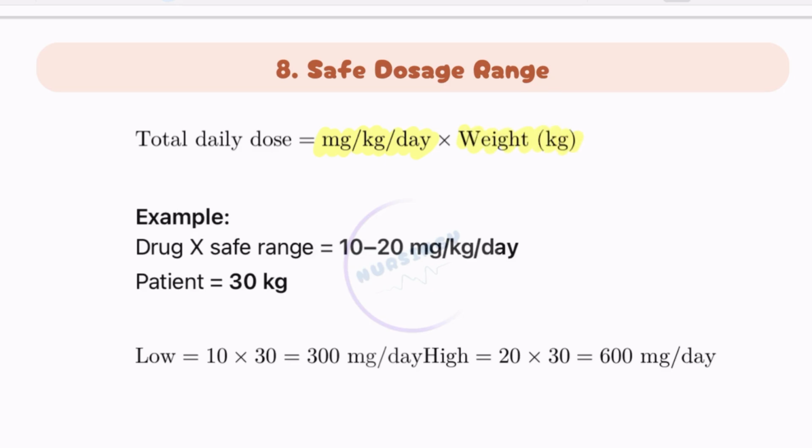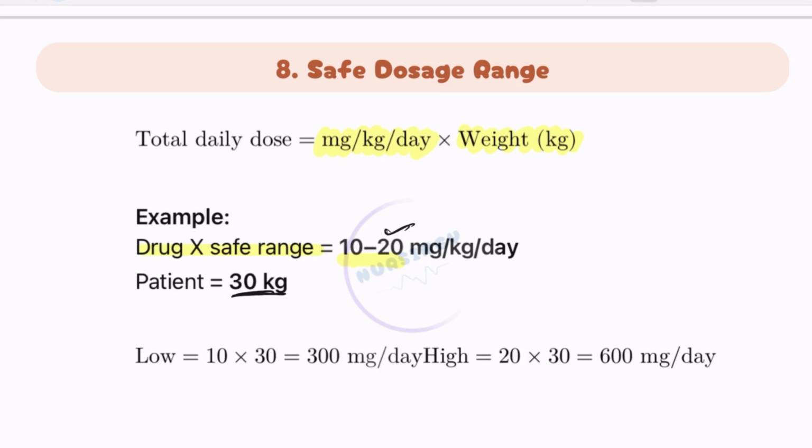Suppose the drug safe range is 10 to 20 mg per kg per day. Minimum we can give 10 mg per kg per day, and maximum we can give 20 mg per kg per day, and the patient weight is 30 kg.